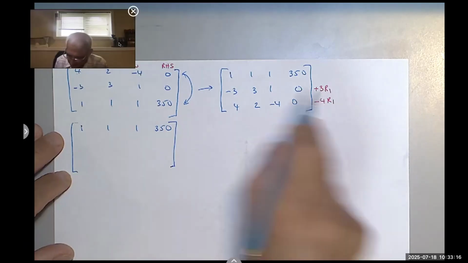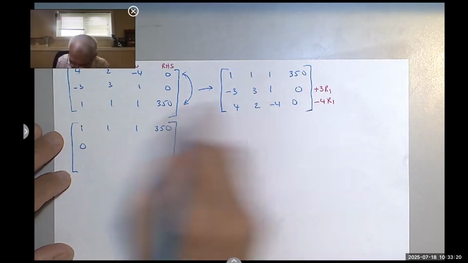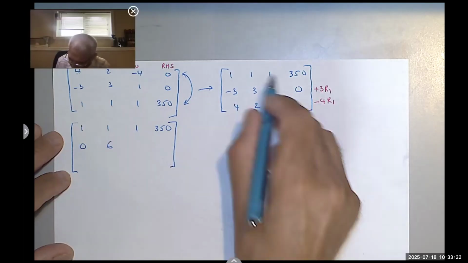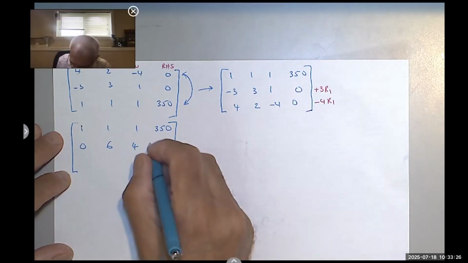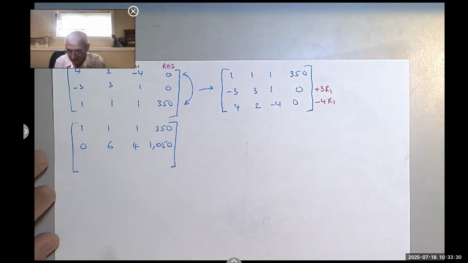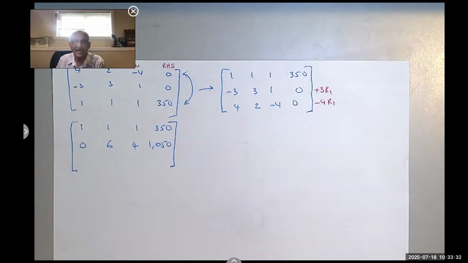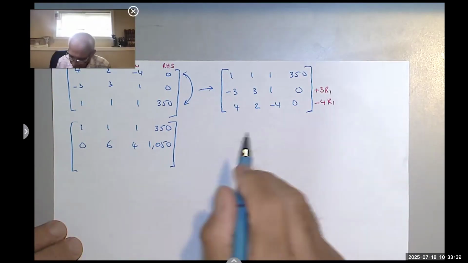And then when I multiply by 3 and add, I get 0. Multiply by 3 and add, I get 6. Multiply by 3 and add, I get 4. Multiply by 3 and add, I will get 1050. That's what I was talking about. Now, instead of these remaining 0 till the last step, now they have numbers. But it's okay.